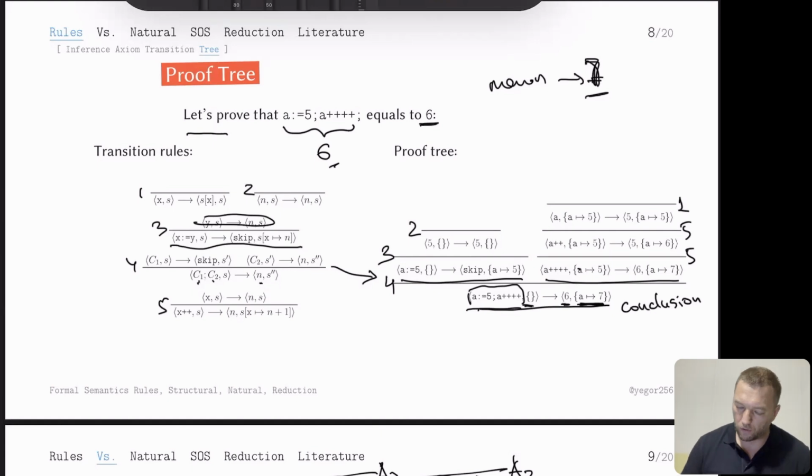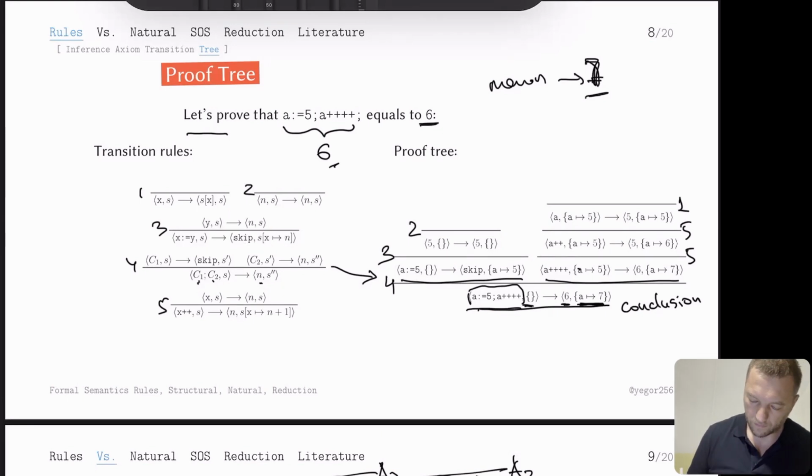So we used all the rules, 1, 2, 3, 5, 4, all of them. We used them in the proof tree, stacking them up, one on top of the other, in order to demonstrate that the conclusion at the bottom is grounded by the rules on the left part of the slide.